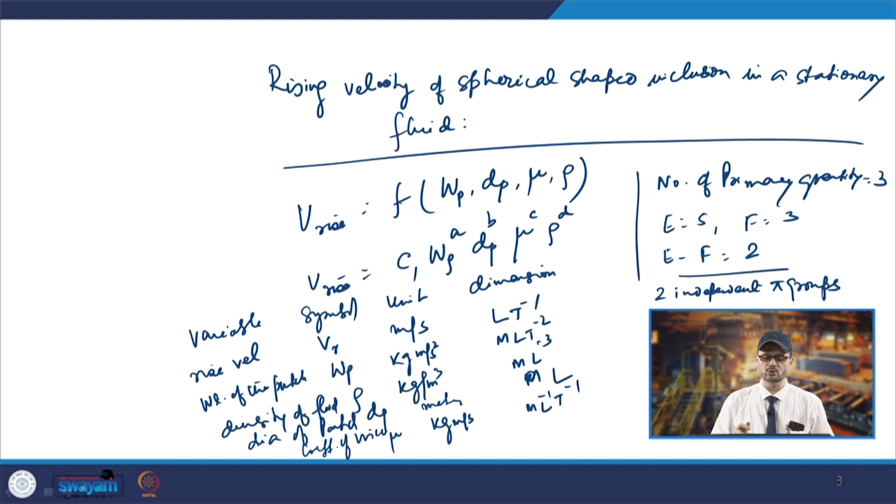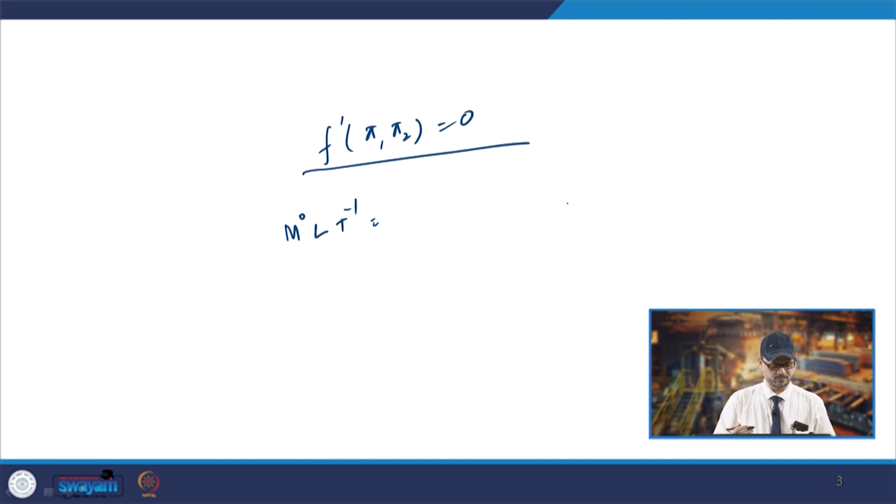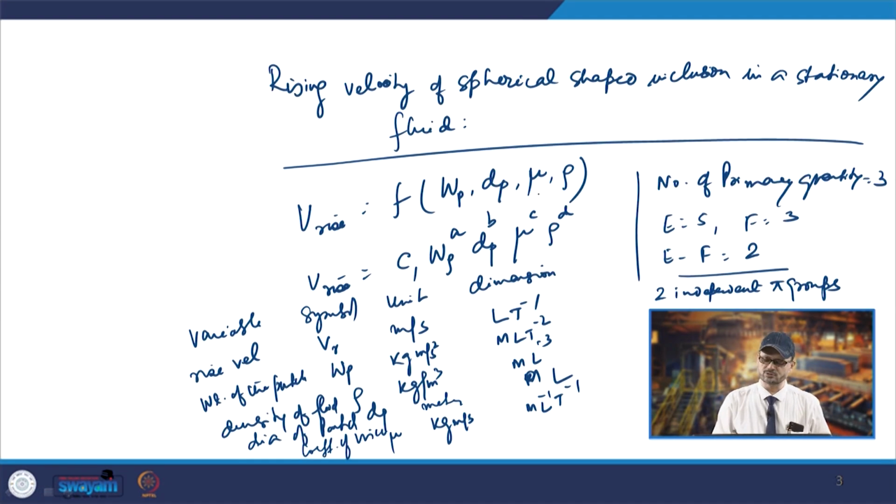Those values are W p to the a, d p to the b, mu to the c and rho to the d. So, you will have those expressions. So, you will have M L t minus 2 for a. Similarly, you will have L for b. Similarly, you will have M L minus 1.